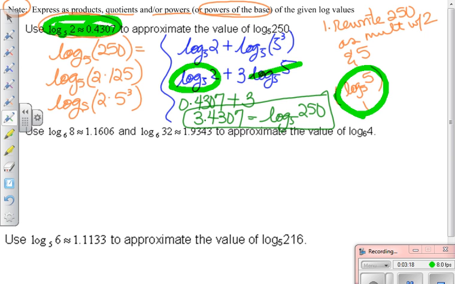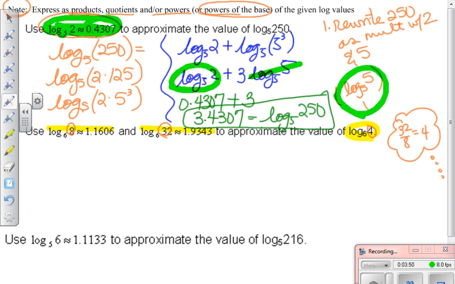So now in the next one, I'm given the log base 6 of 8, I'm given the log base 6 of 32, and I want log base 6 of 4. So I have to think about how is the given information related to what I want. Well, when I look at 8, 32, and 4, I think to myself, well, 32 divided by 8 is 4.